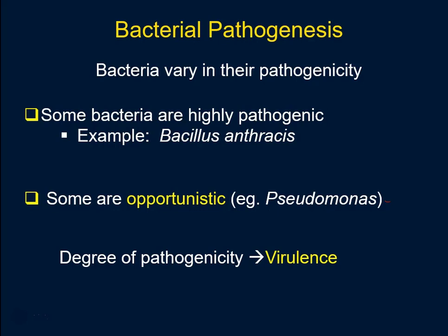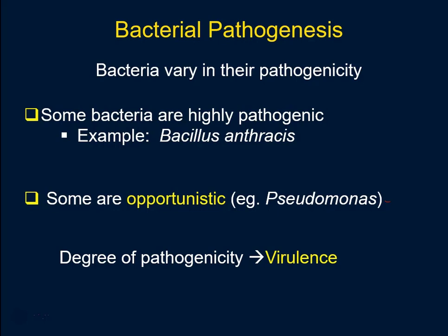But if you have a patient, for example, who has cystic fibrosis, who has difficulty clearing mucus from the lungs, and Pseudomonas infects that patient, it will basically take hold and cause a fairly significant infection within the lung, and it will be hard to clear up. But in a normal individual, if they inhale Pseudomonas, they'll probably be okay.